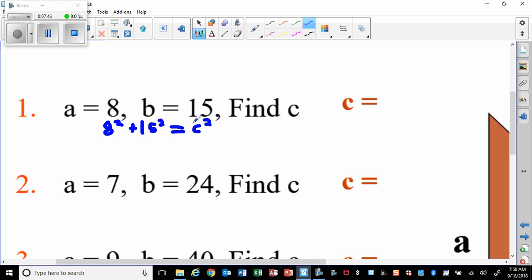I would take those squared values, and 8 squared is 64. 15 squared is 225. It all still equals C squared. I'm going to add those two together and get 289 equals C squared.